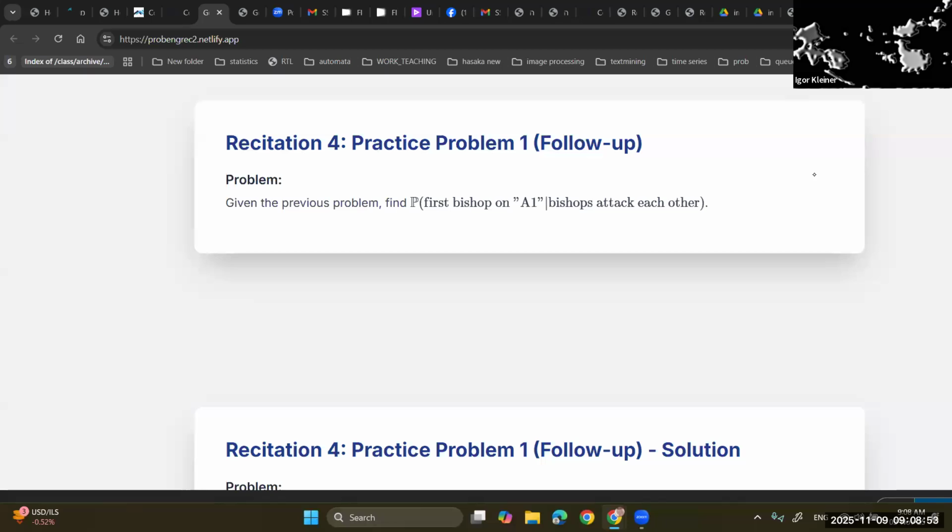It depends. Try to find the conditional probability by definition. This is the second way. And the third way to try to solve this question is to use Bayes formula.